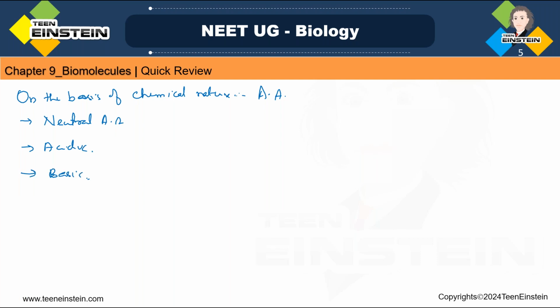The neutral amino acids have 1 amino group and 1 carboxyl group with a non-cyclic hydrocarbon chain. An example is glycine, a very simple amino acid. Then alanine, valine, leucine, isoleucine, all these are neutral amino acids.